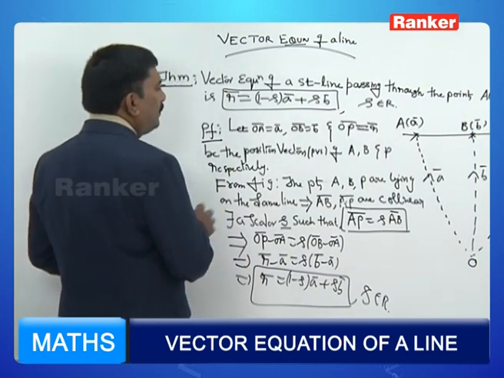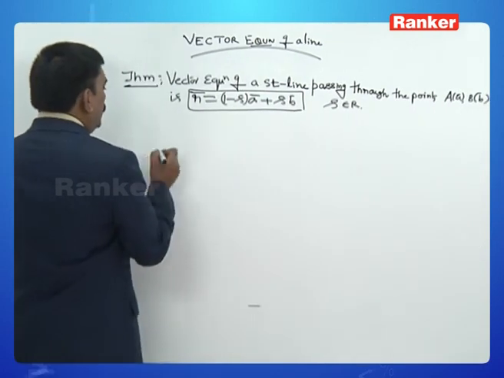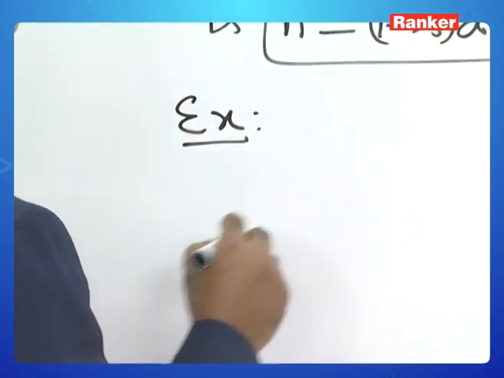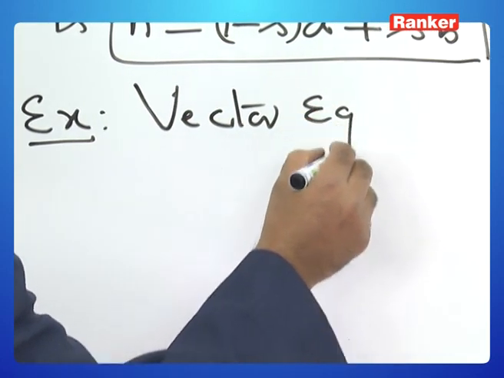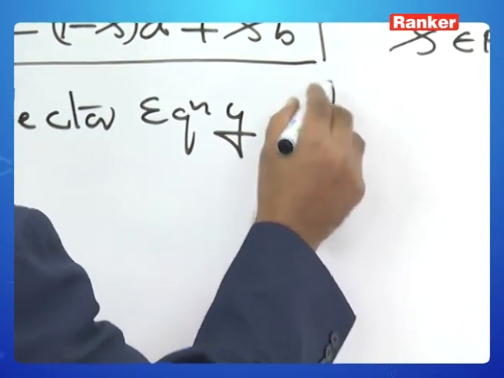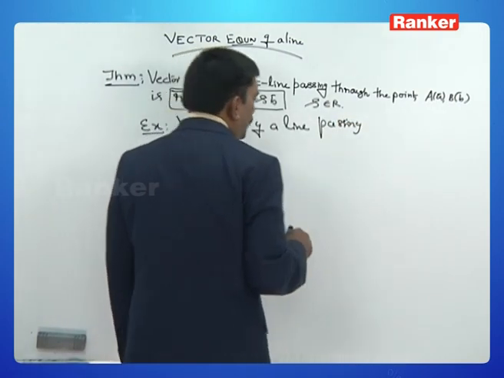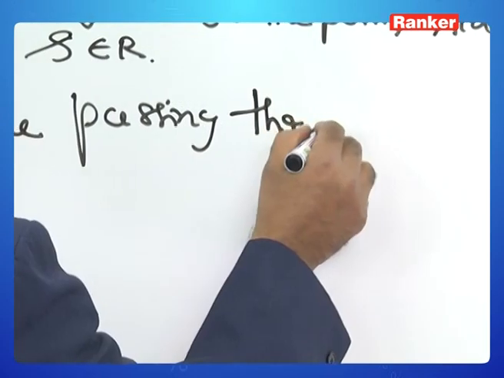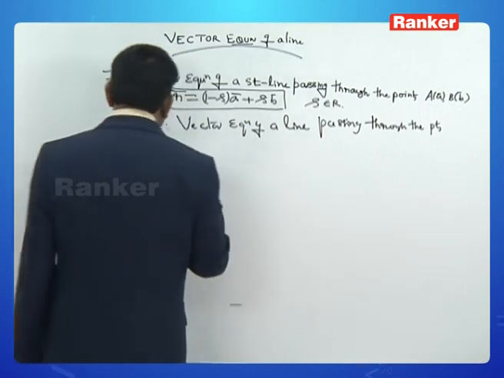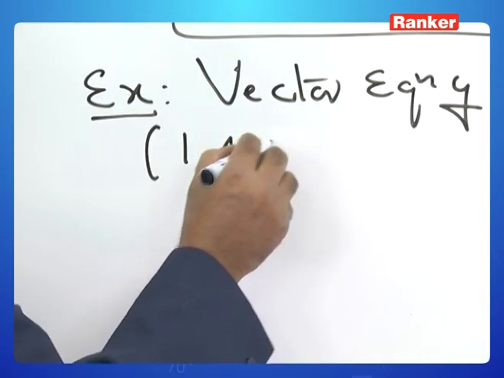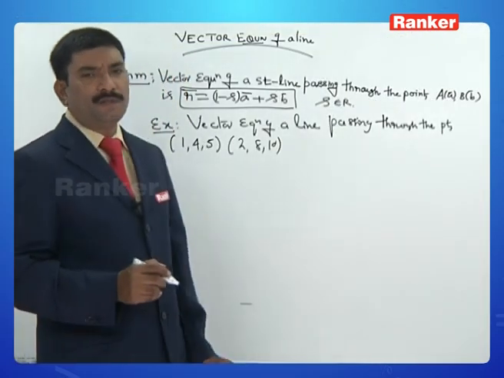Now let us see the concept of this one with an example. He asks one problem: the vector equation of a line passing through the points (1, 4, 5) and (2, 8, 10) is dash.